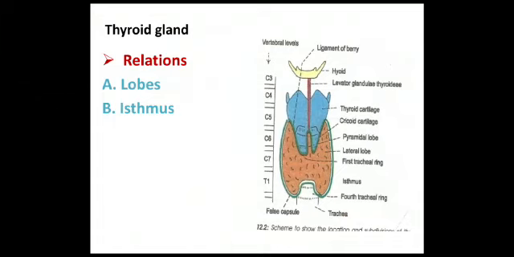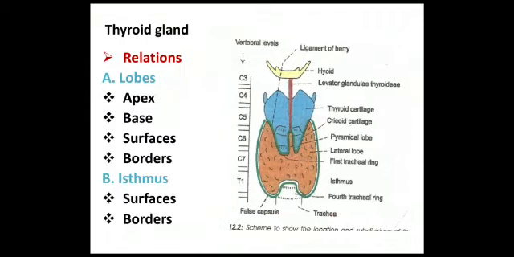So now we'll go on to the particular relations of the lobes and isthmus. In case of lobes, we are going to talk about the apex, base, surfaces and borders, while in case of isthmus, we'll be talking about the surfaces and borders.